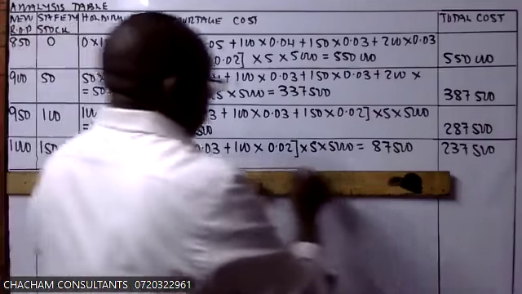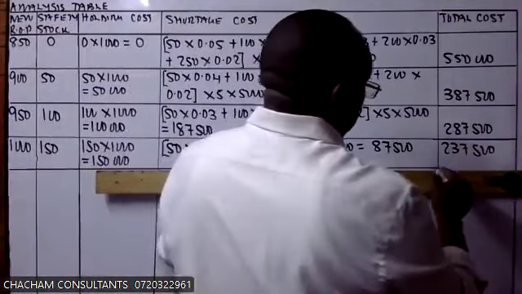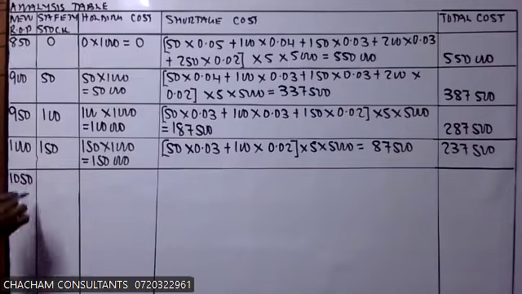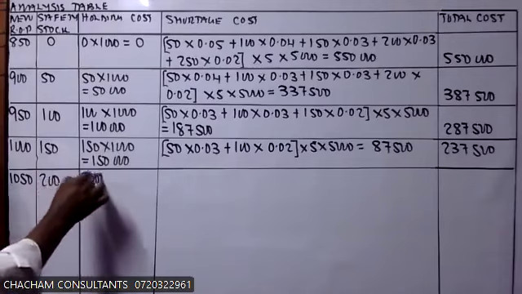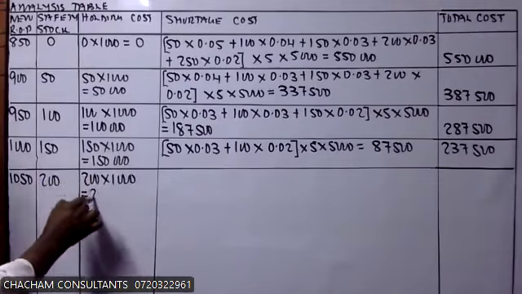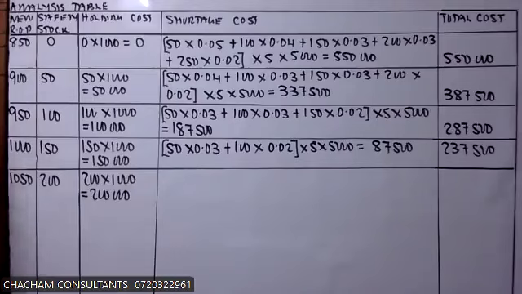The next stopping point is 1050. At 1050, now you talk of a safety of 200. So it is 200 times 1,000, which is 200,000.